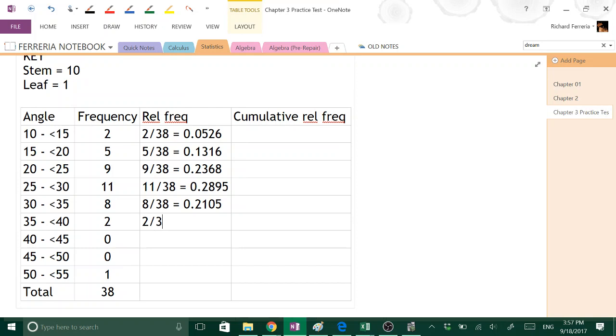2 out of 38. 0 out of 38. 0 out of 38. 1 out of 38.